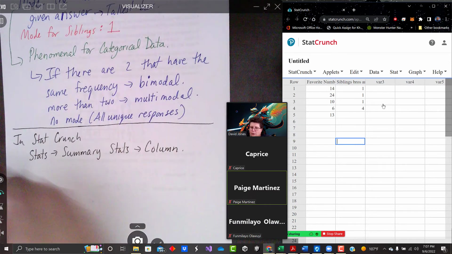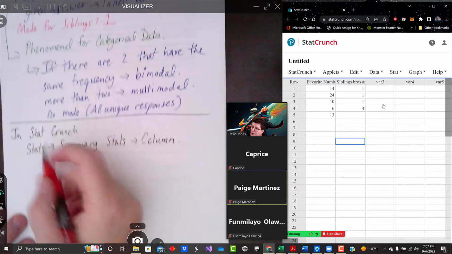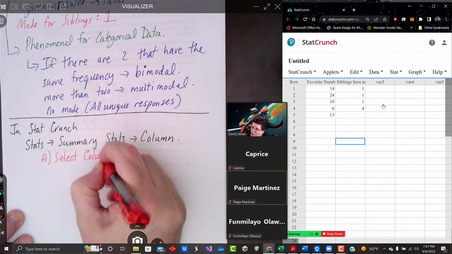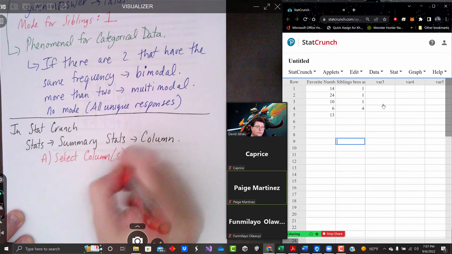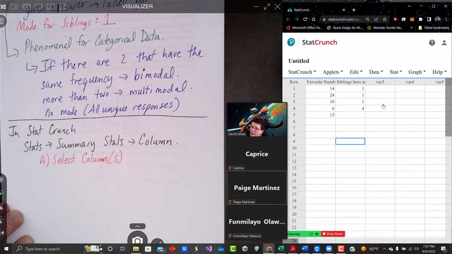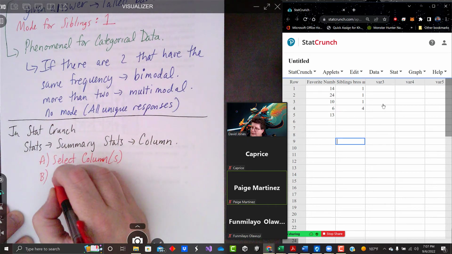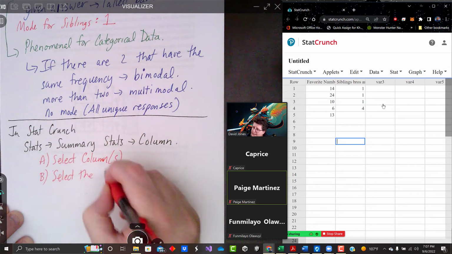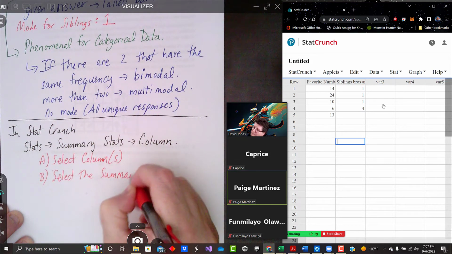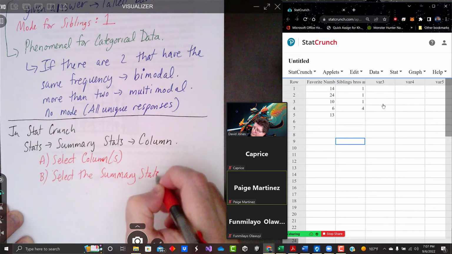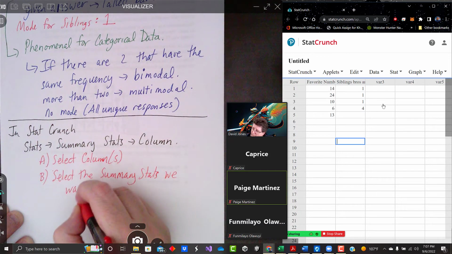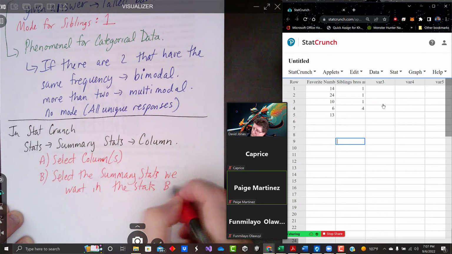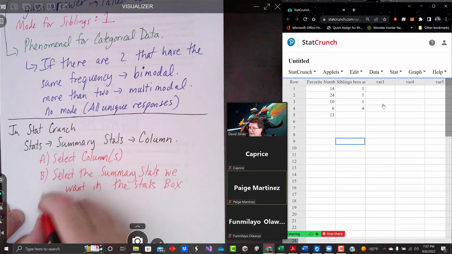When we do, the first thing we'll do is select the column or columns that we want to do. The next thing we do is select the summary stats we want in the stat box. And finally, we'll click compute.